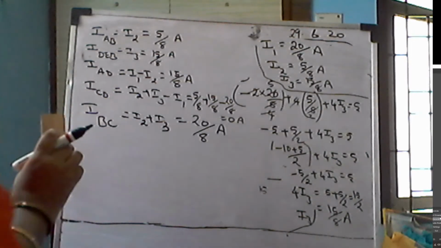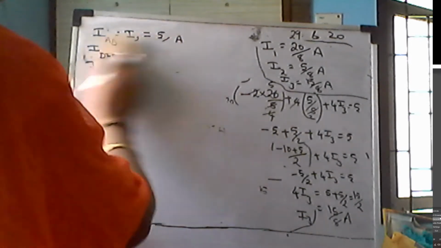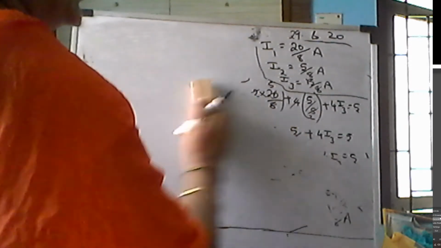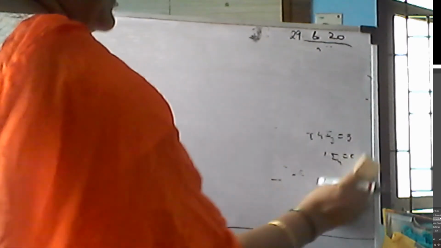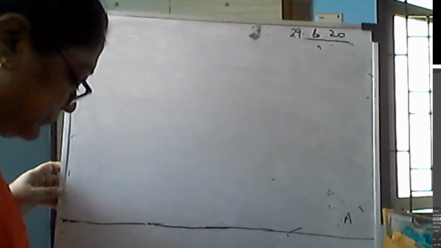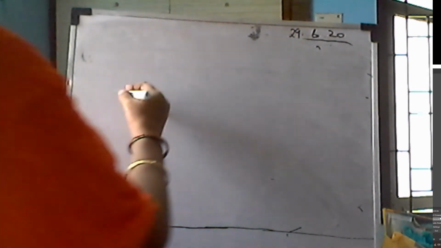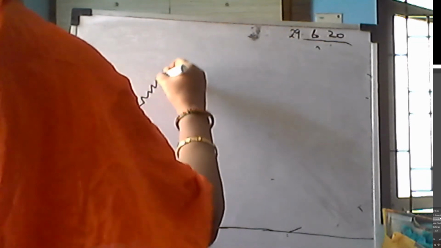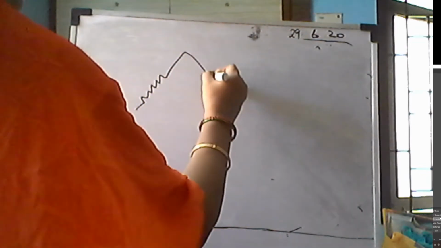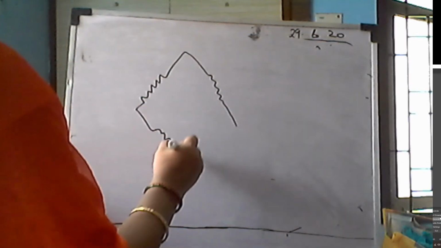Here the Wheatstone bridge is given and you are supposed to find out the current through galvanometer. Now same way I will draw the diagram here, and then I will mark the direction of current. We will solve it.